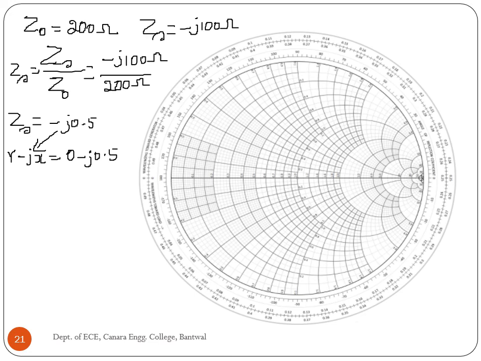Now, R is equal to 0. So R is equal to 0 here, and minus j0.5. The lower half of the chart shows the minus jX. Therefore, minus j0.5 is here in the Smith chart. This is the source impedance position, 0 minus j0.5. We know that 1.0 is always the center of the chart.